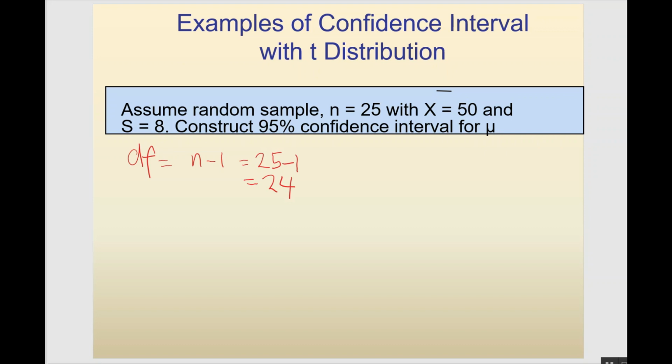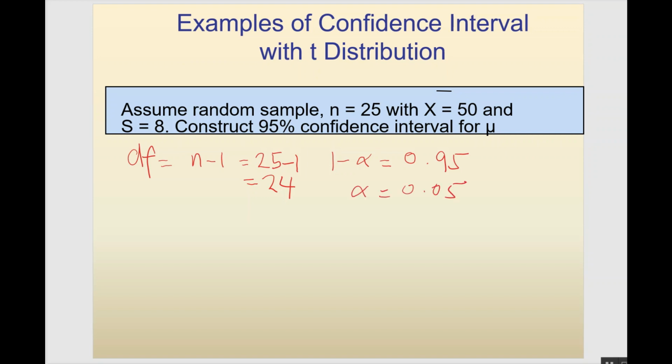Next, you know that alpha is actually what? You have this 95%. So 1 minus alpha gives you 0.95, so your alpha is 0.05.